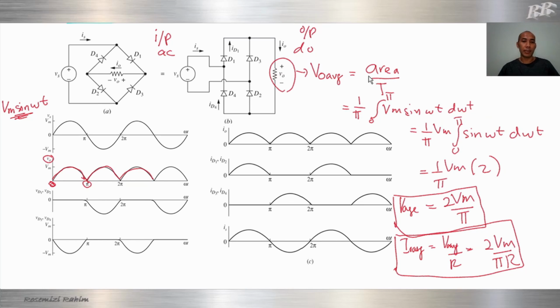Next is RMS. We know this one is V peak, and V peak is equal to Vm. So Vrms equals V peak over square root 2, equal to Vm over square root 2.